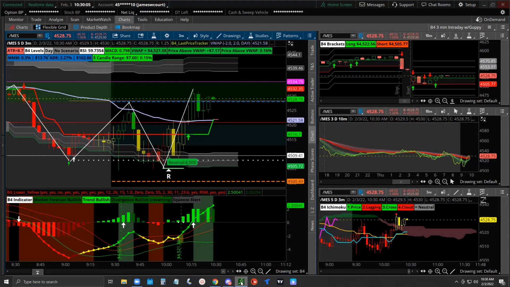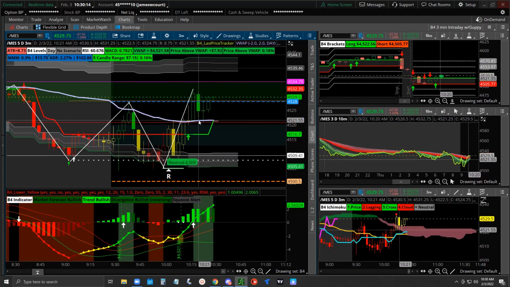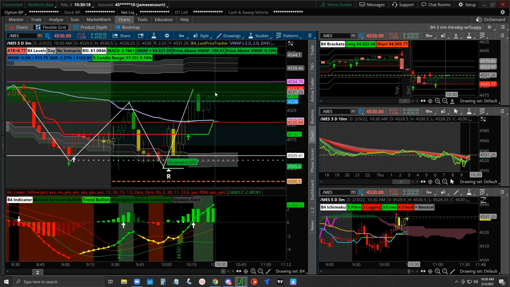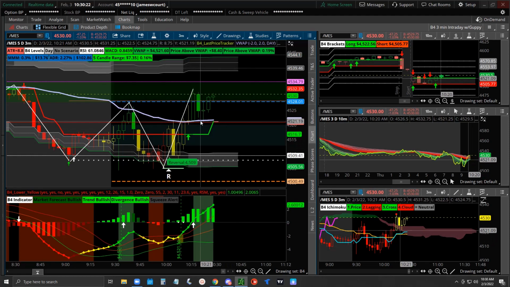So I see a new mother bar. Which bar is it? No, not as a target, as a resistance, the 200 EMA. Yep, bar 11 is a mother bar.